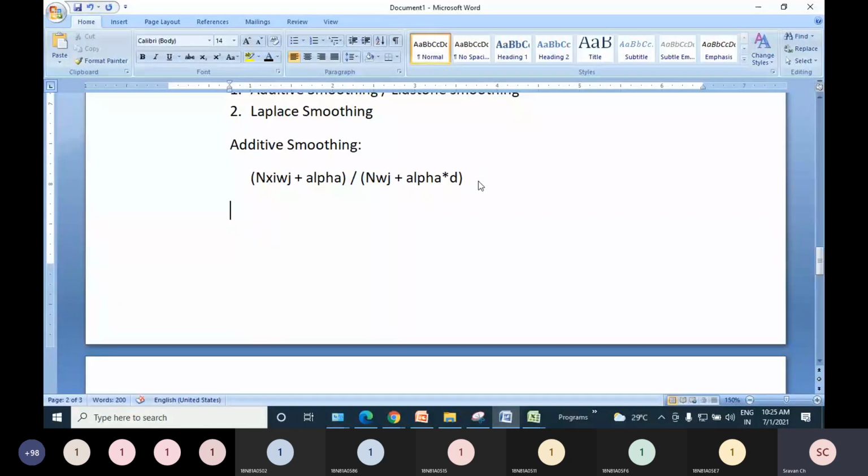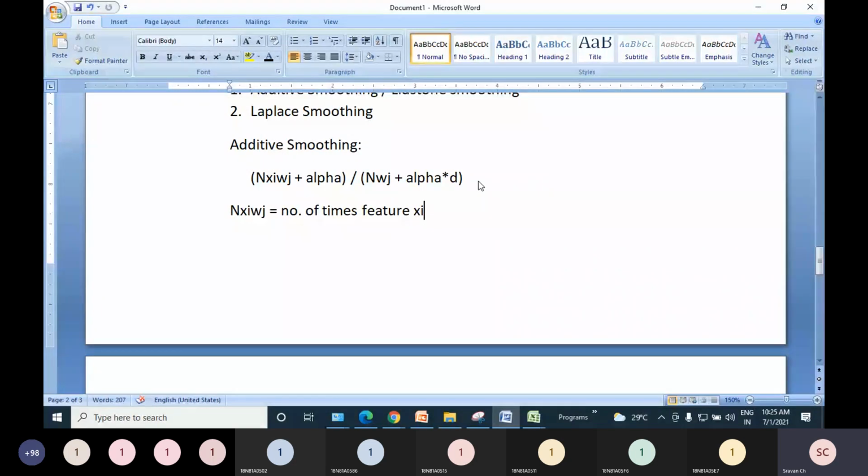So n(xi, wj) means the number of times feature xi appeared in the sample in that class. Here xi is the feature, my dear.